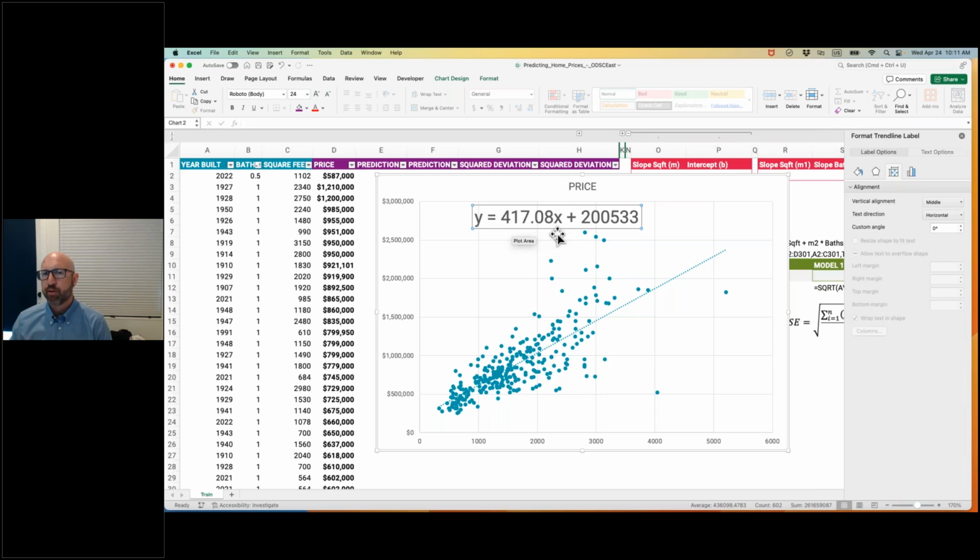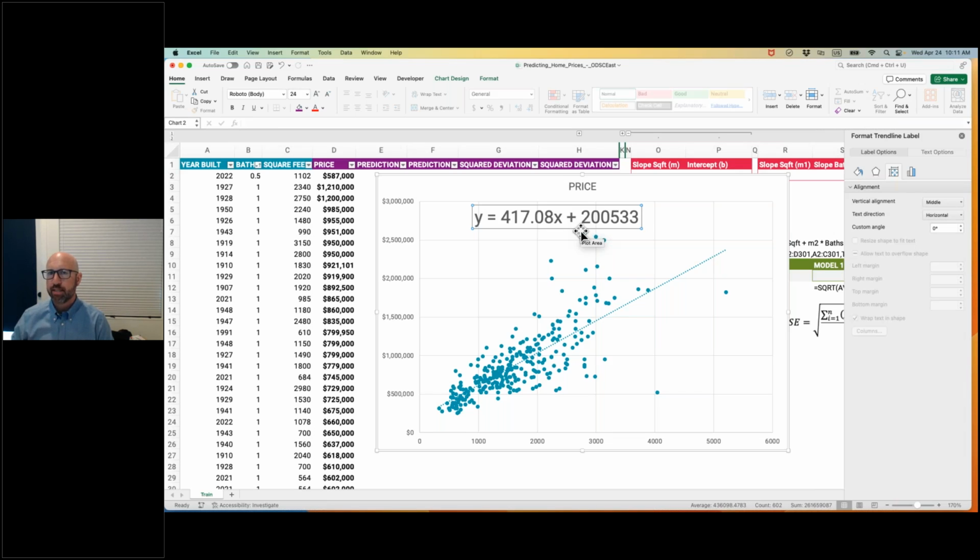Now, the other thing you're going to notice is that if I make my square footage exactly 0, I'm selling basically nothing, then I can sell that nothing for $200,000. Obviously, that does not make any sense, but it is a model. There's an expression that says, all models are wrong, but some are useful.